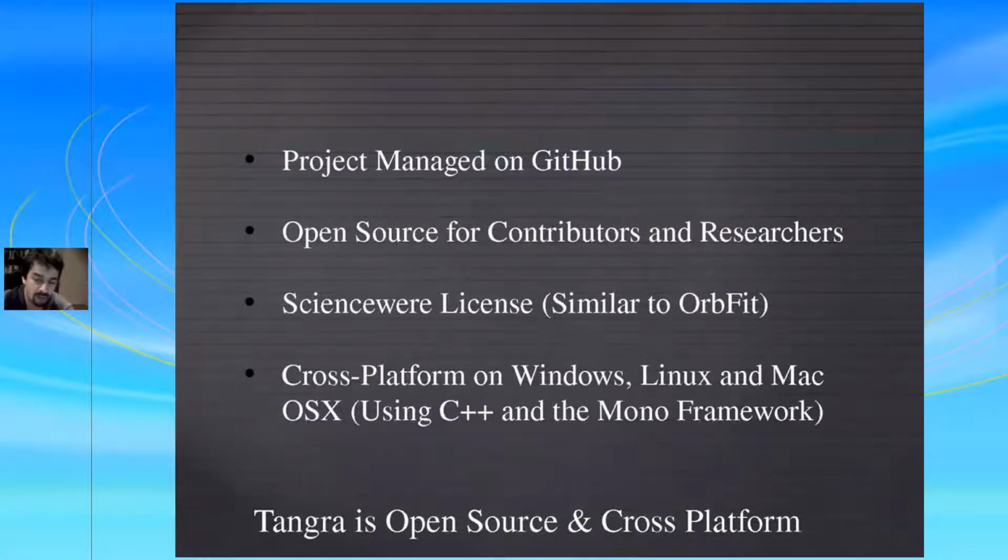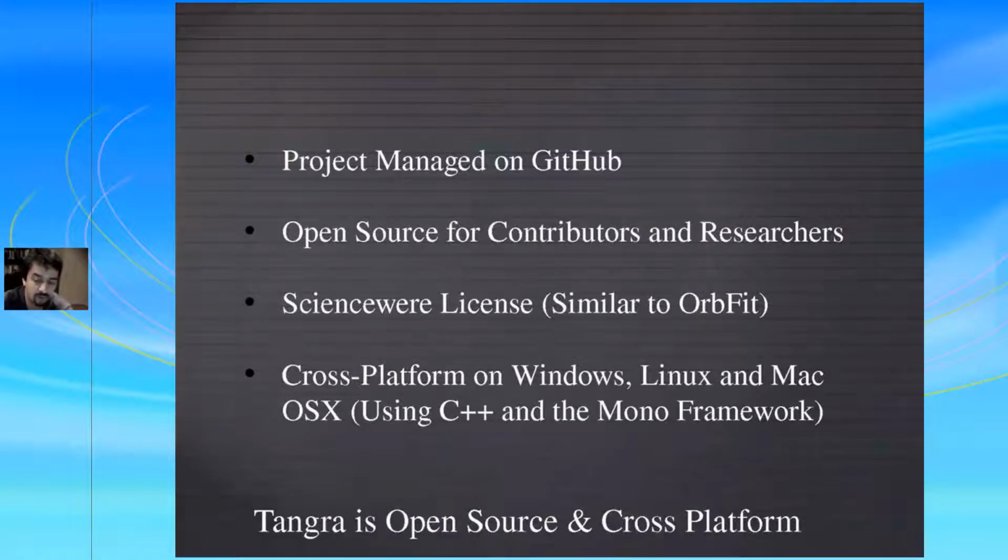So pretty much this was it, a quick overview of the new features of Tangra 3.1, which I released earlier today as an official release. The project is an open source project for contributors and researchers. It has a license which is very similar to the AdvLib license.